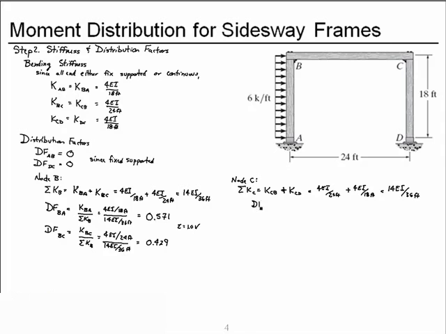So the distribution factor for CB is the stiffness of member CB over the stiffness for the entire joint or node, and that's 4EI over 24 feet divided by 14EI over 36 feet.